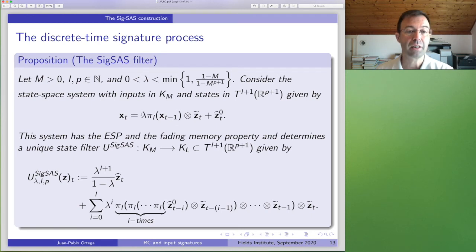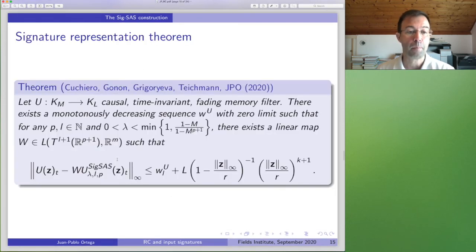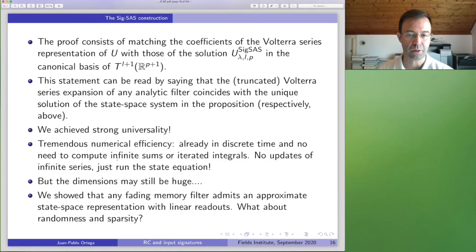However, if you use the state space representation, all you have to do to go from time t to time t plus 1 is basically this little tensor product, right? So it is very efficient, and actually that's one of the well-known advantages of state space representations, and that's why we do this after all. However, the dimension may be huge, because this is a tensor space. It's exponential in the order at which we are working.